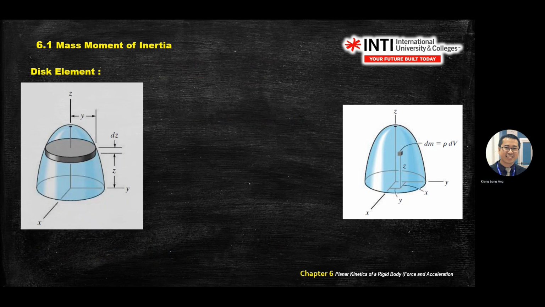What about this element? How do you find this element's volume? You take the area, multiply by height. How do you get the area of a circle? Pi r squared. In this case, pi y squared, multiplied by height. How to find the volume of the disc?